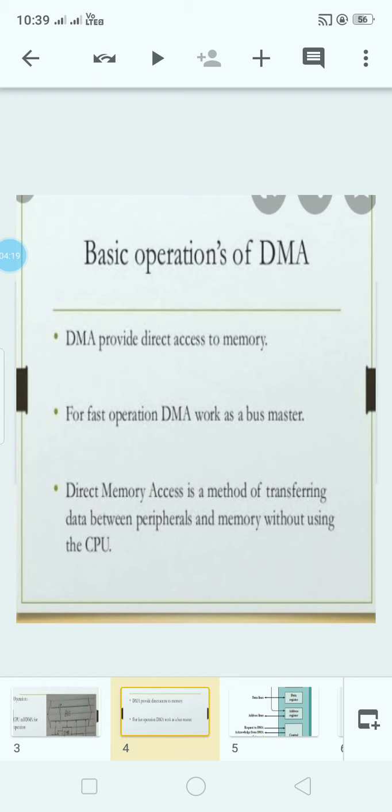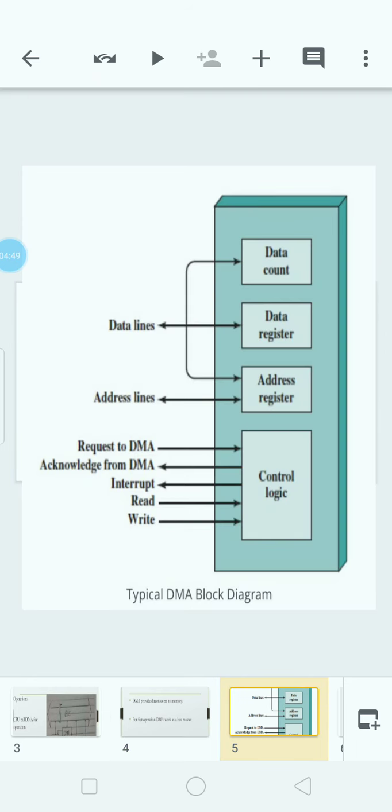The information includes: the read or write command, sent through the read and write control lines; the number of words to be read or written, communicated on the data lines and stored in the data count register; the starting location in memory to read from or write to, communicated on the data lines and stored in the address register; and the address of the input-output device involved, communicated on the data lines.